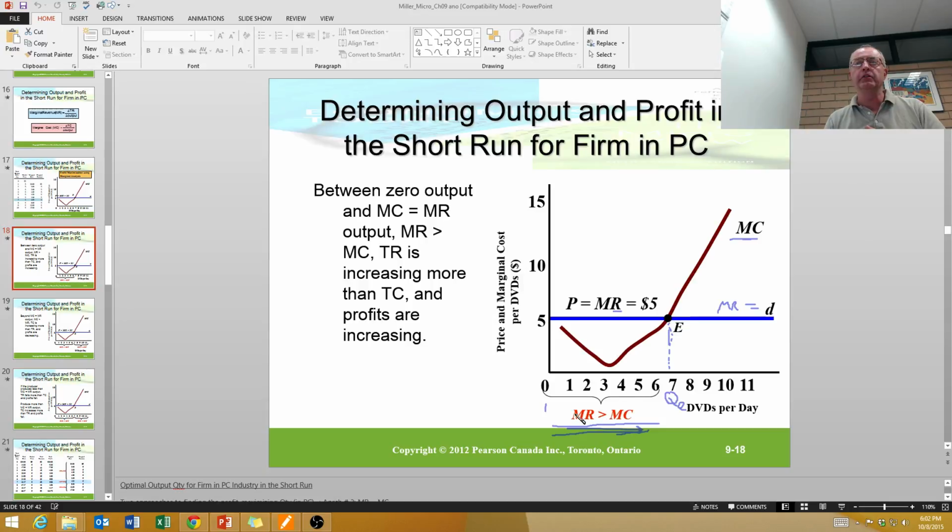So as we increase our quantity up to the point where marginal revenue equals marginal cost, then our net income can be increased by selling and producing additional units. And then we're going to use a process of elimination here to see why our optimal quantity is the point where marginal revenue equals marginal cost.